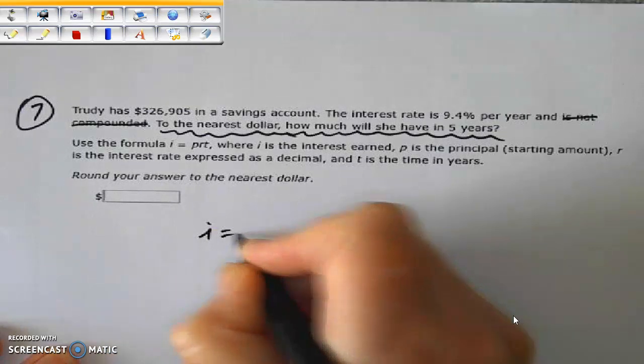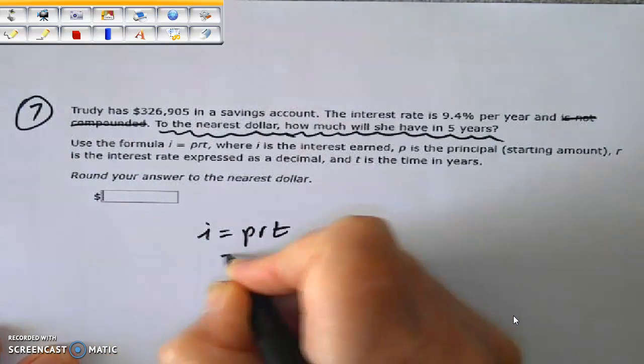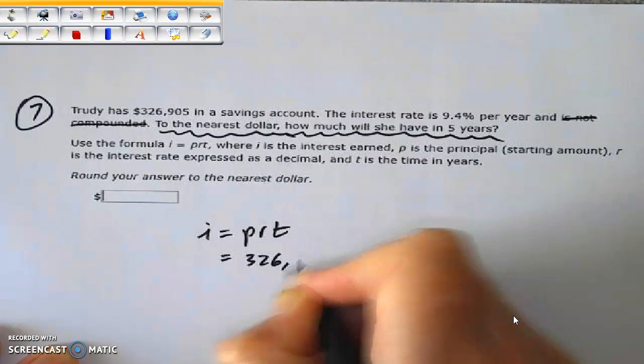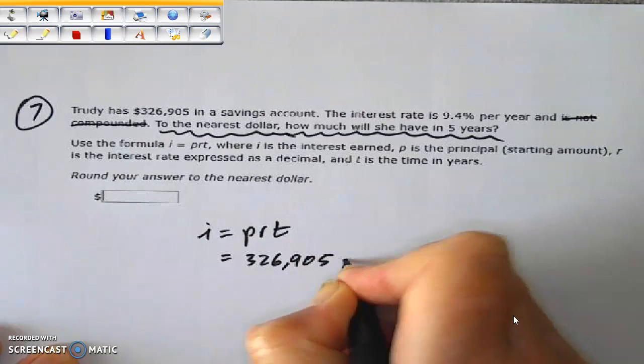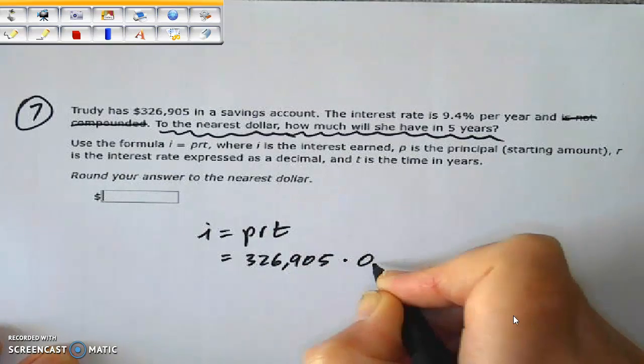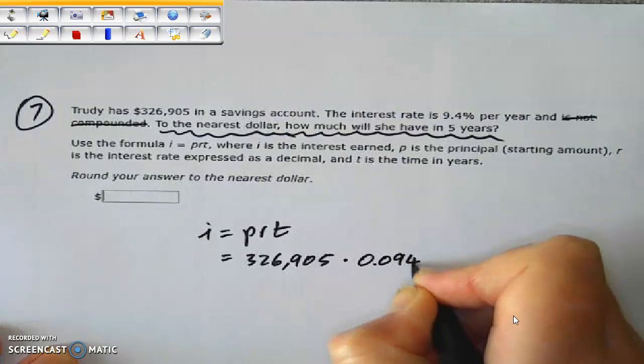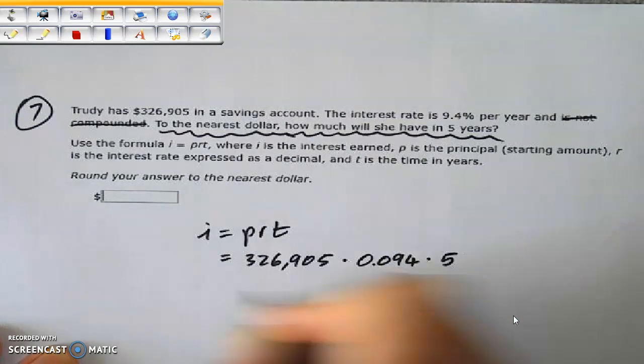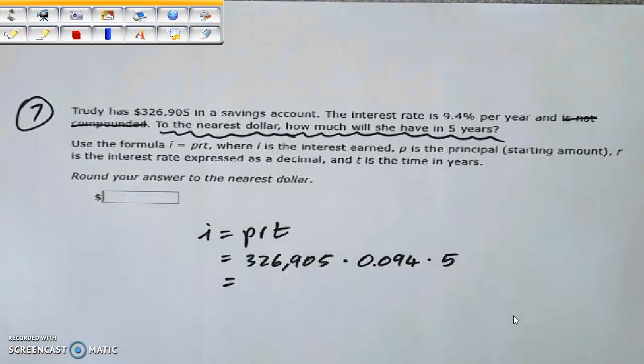So I equals PRT. So it's 326,905 times the interest rate, 0.094, and it's in 5 years. So that is calculator work.